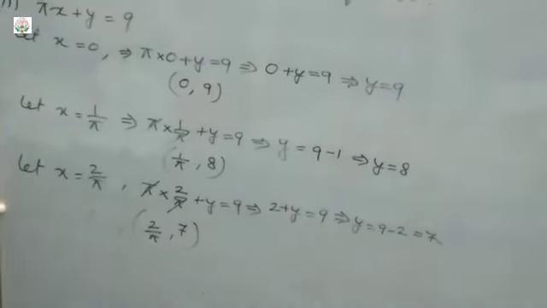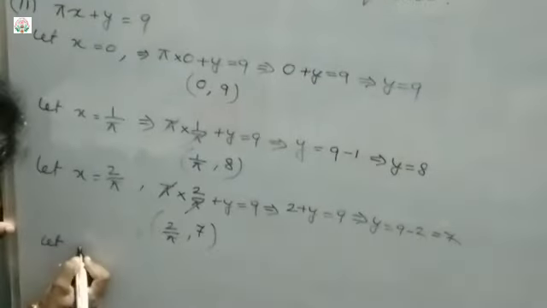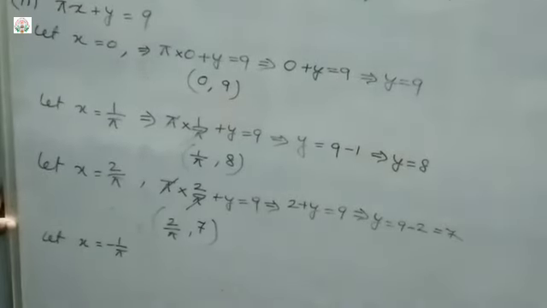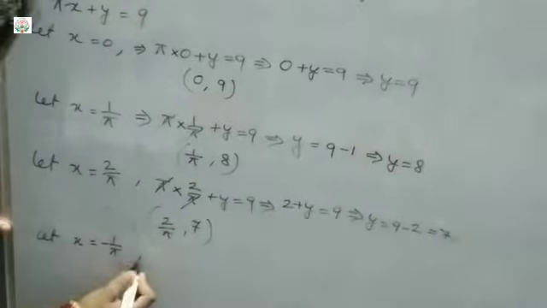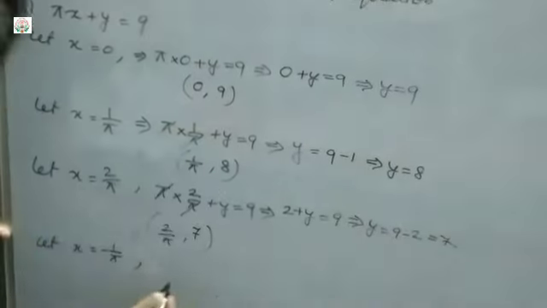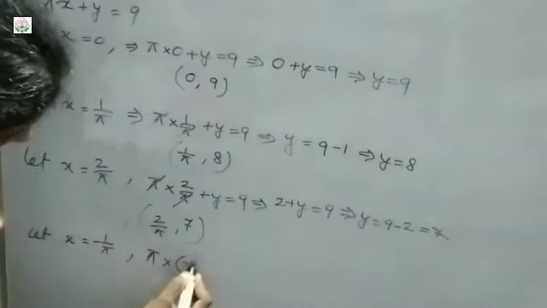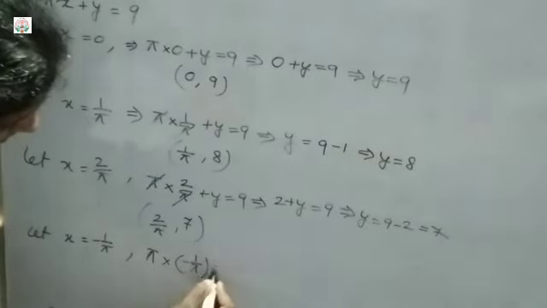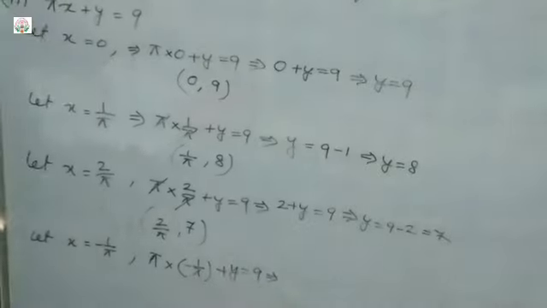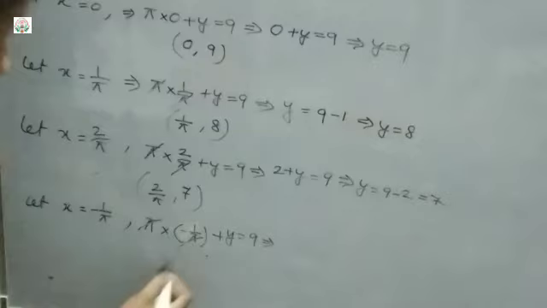And the next solution I may get as, let x equal minus 1 upon pi. So now when I am taking x as minus 1 upon pi, what will I get as the value of y? Check it out. That is pi into minus 1 upon pi plus y equals 9. So now here numerator and denominator pi got cancelled.